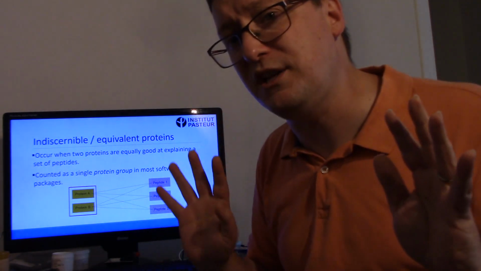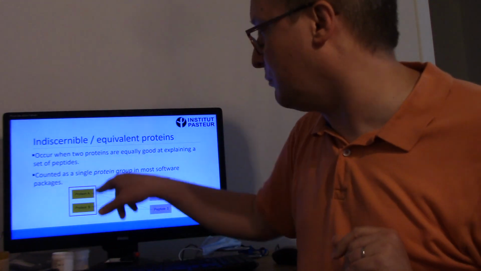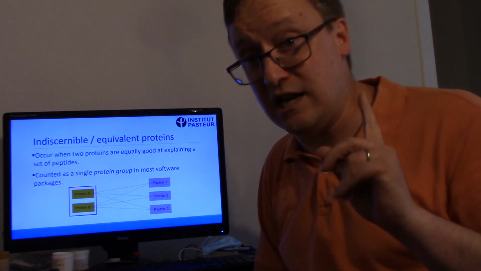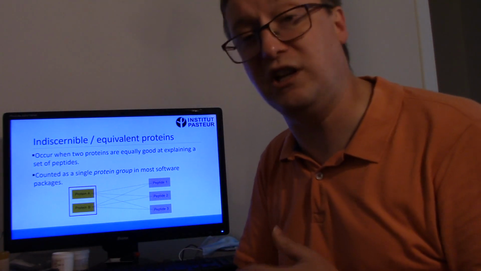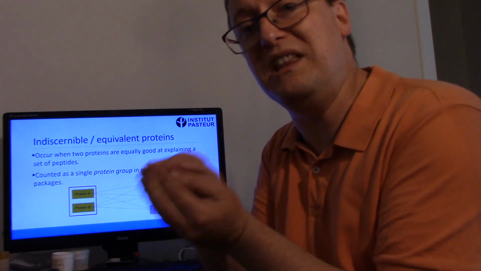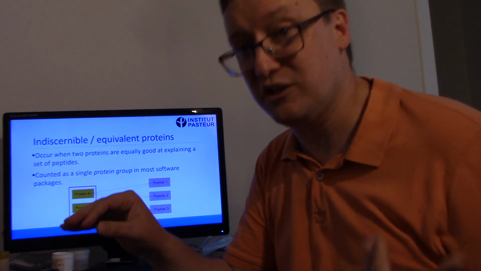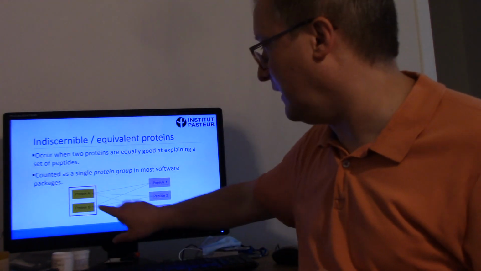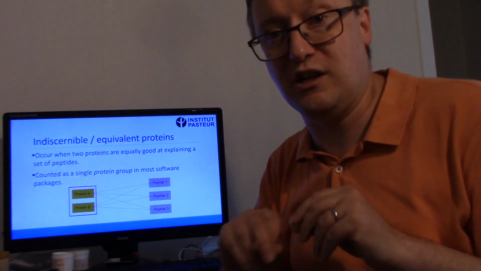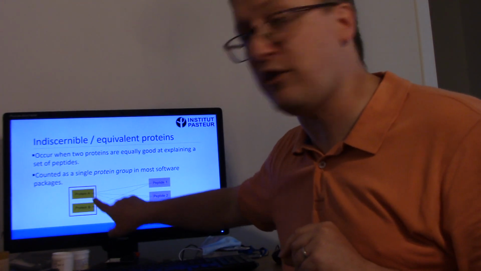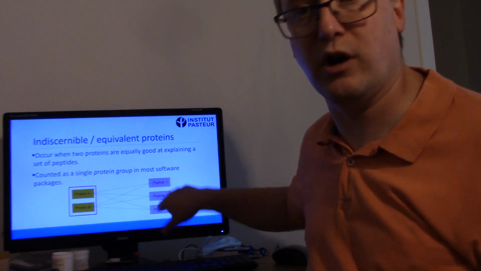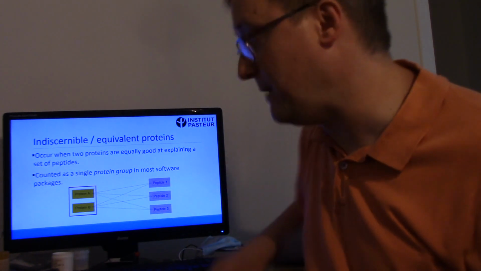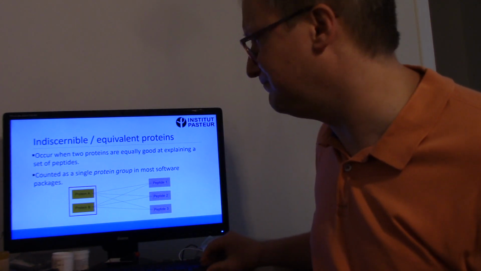And we have no additional peptides seen for either protein A or protein B. As a result, we should say, when we analyze this in our protein inference software, that either protein A or protein B could be the explanation for why we see peptides 1, 2, and 3. So typically, when we're saying how many proteins did we identify, we group these together and say this single protein group accounts for these 3 peptides. Okay? That's a pretty straightforward example, I hope.